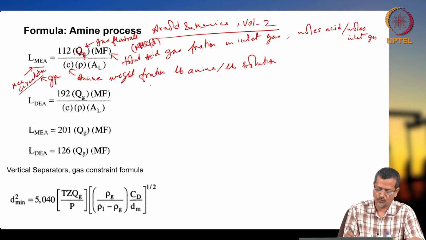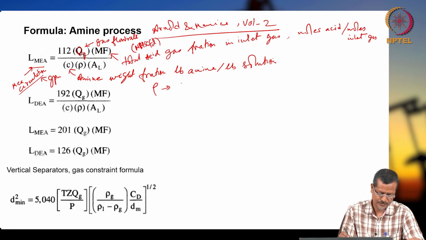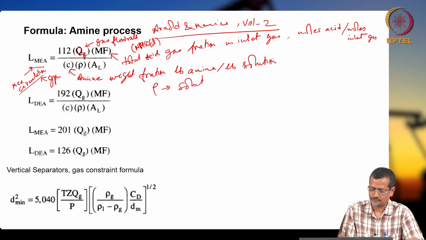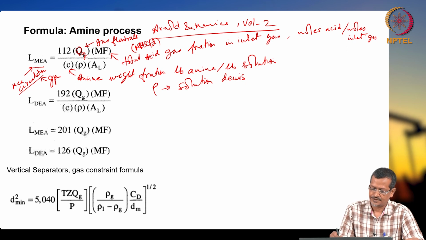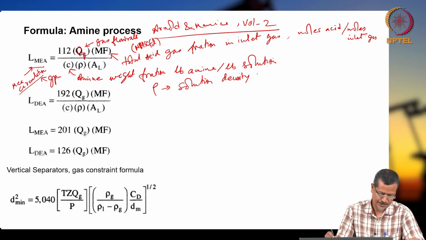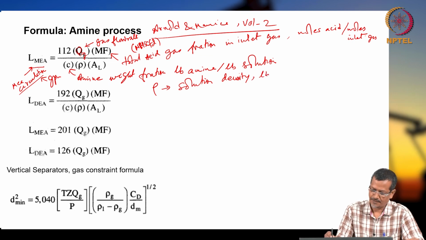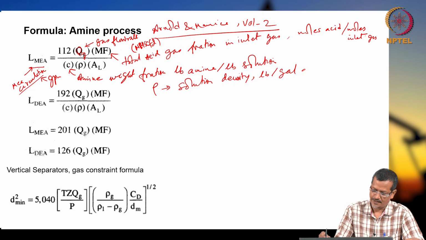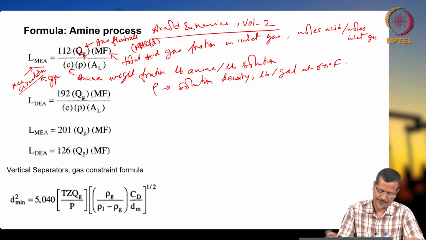So weight fraction. Rho is the solution density, and this unit is pound per gallon at 60 degrees Fahrenheit.